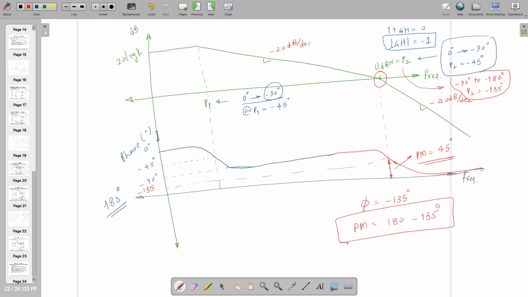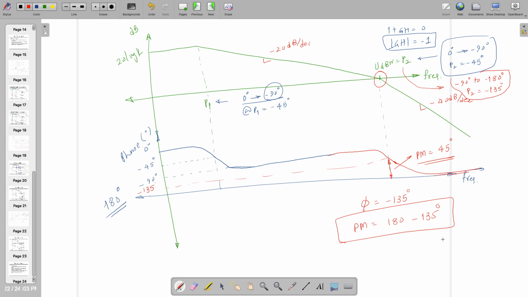So this is a very useful observation. If you keep pole 2 exactly on UGBW, the phase margin is 45 degree, which is the point from which the system can start calling itself a stable one.